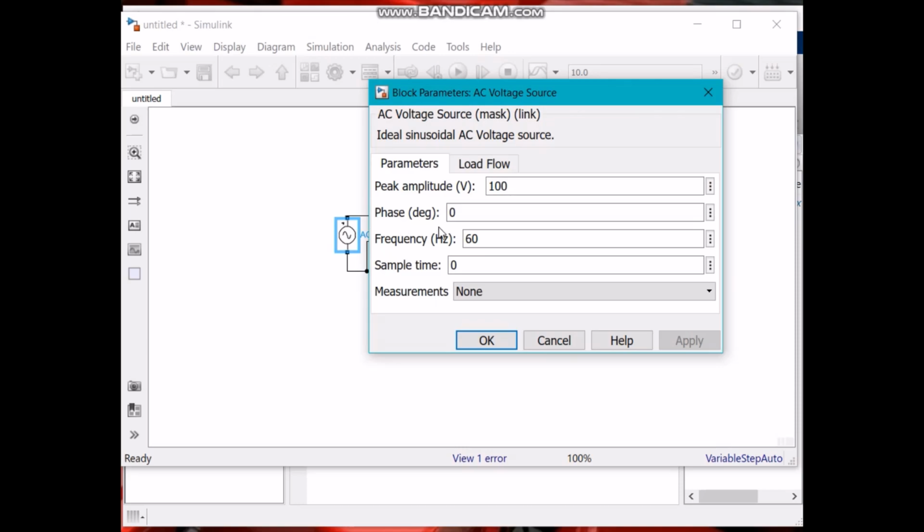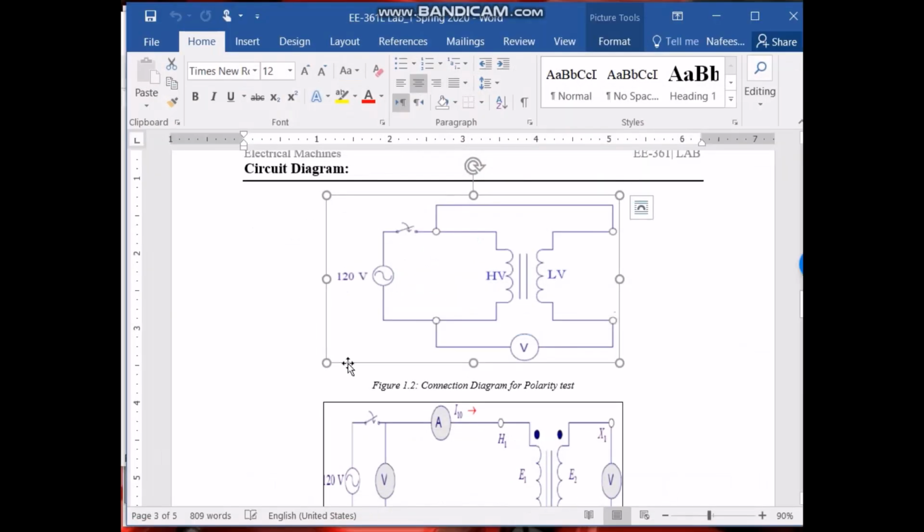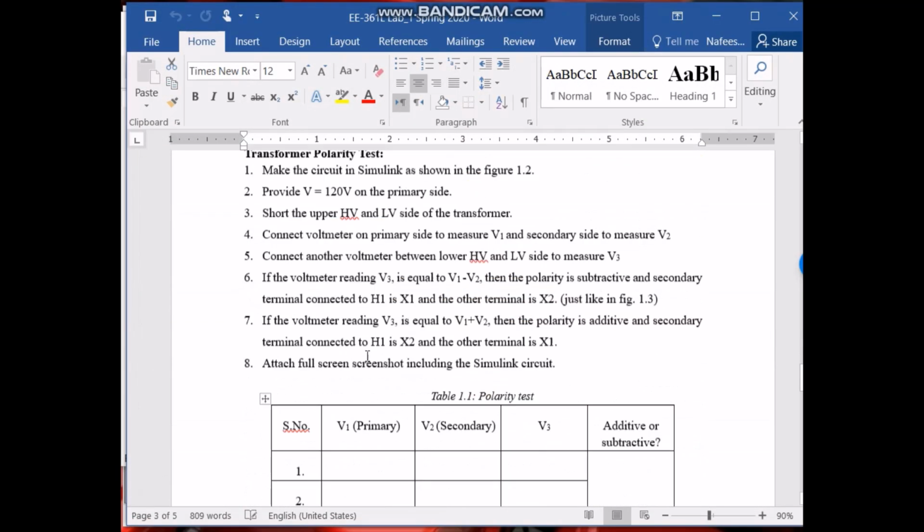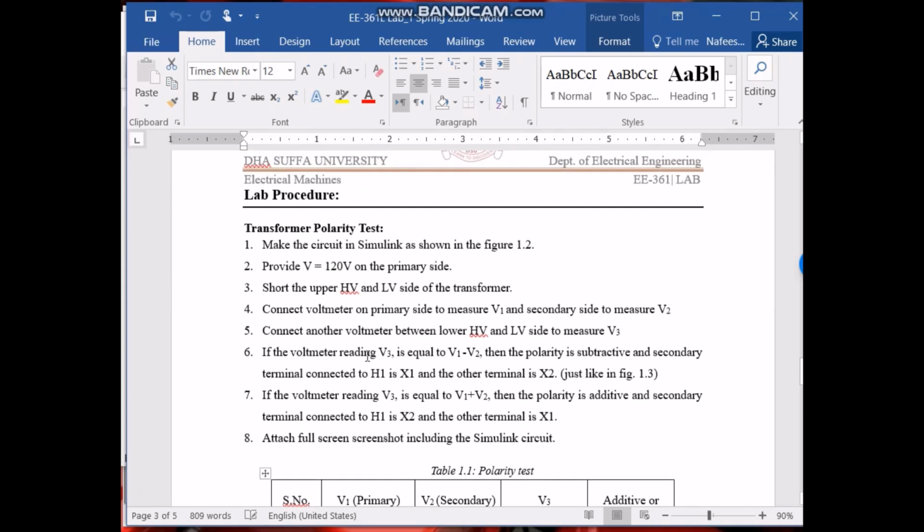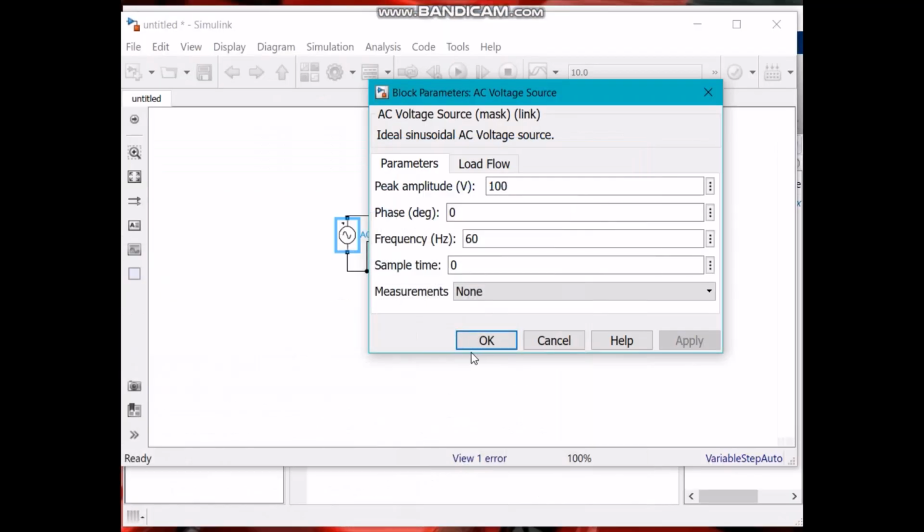Let's set the voltage. How much voltage do we have to set? Provide V is equal to 120 volts on the primary side, so we have to provide 120 volts. Okay, be careful about one thing. This is peak voltage, right?